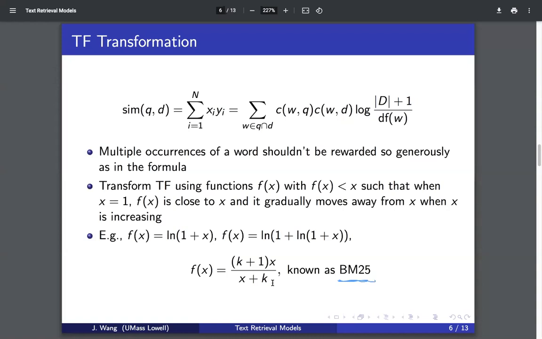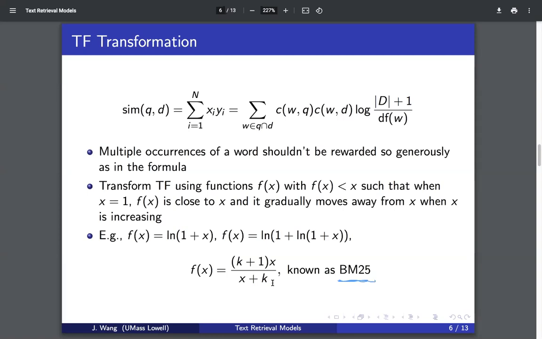The idea of this normalization is not to treat each appearance of the same word equally, right? If it appears once, twice, of course we give more weight to it, and then for the third time, the fourth time, the weight is gradually going down.